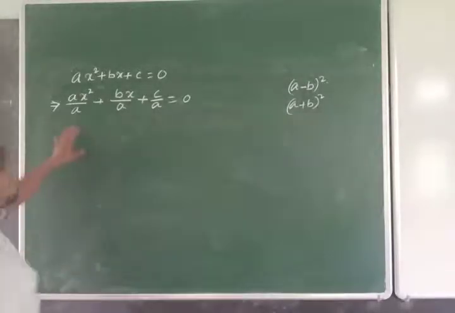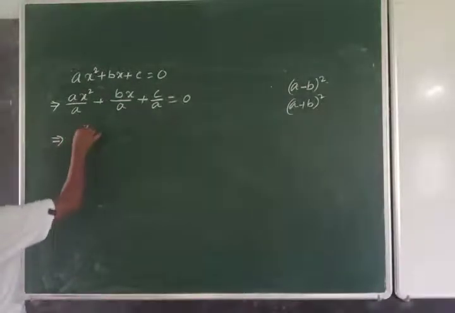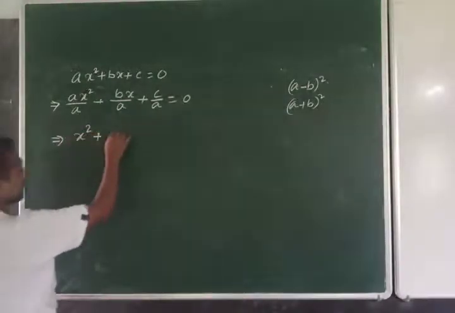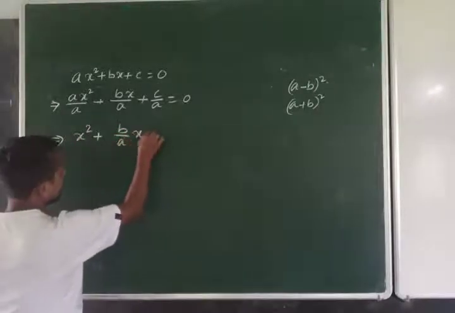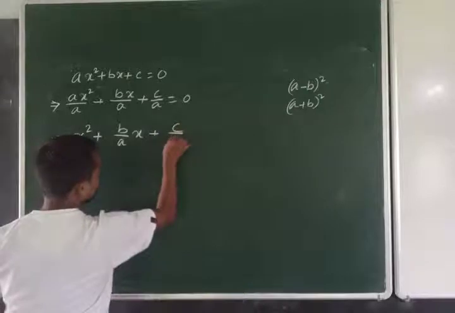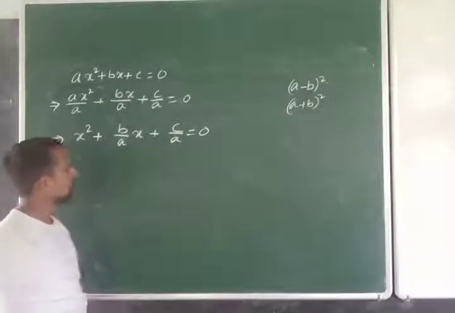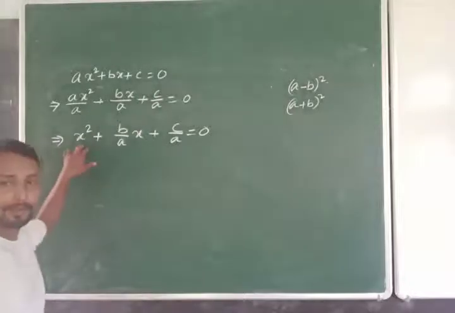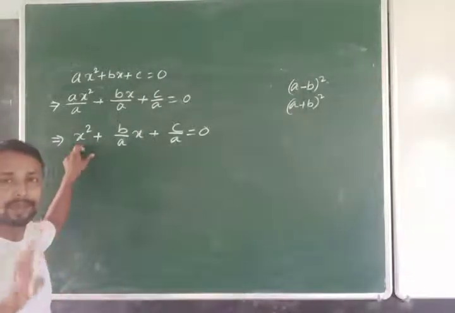Now we will get x square plus b by a into x plus c by a equal 0. So the first term now we have, x square, is a perfect square.